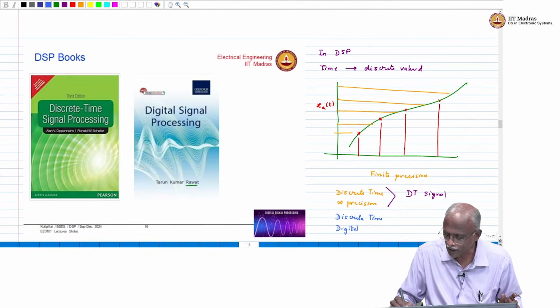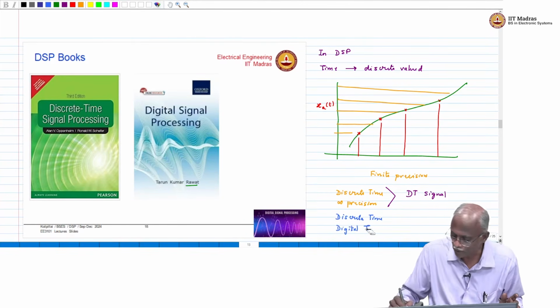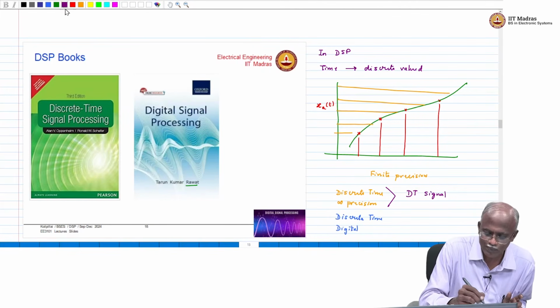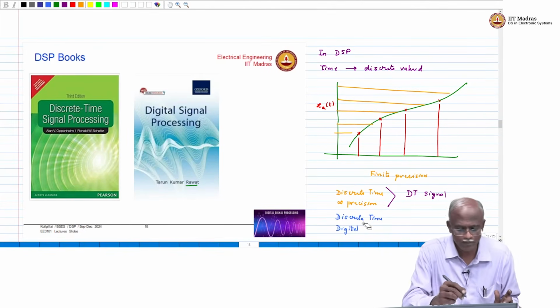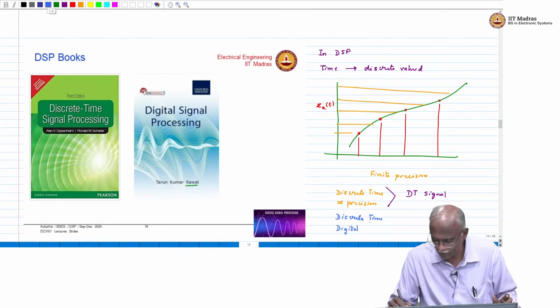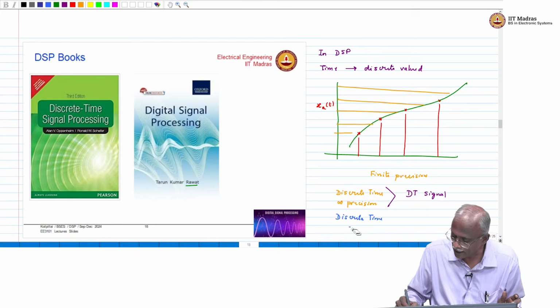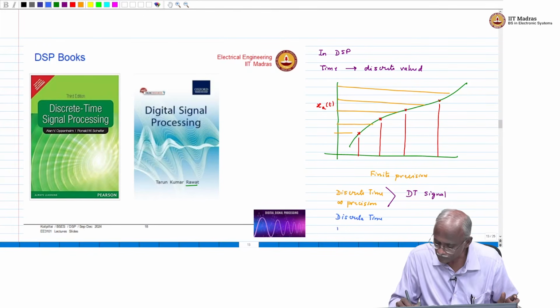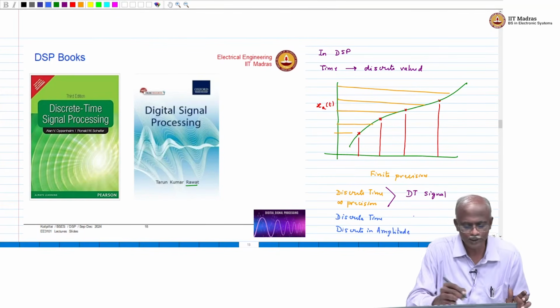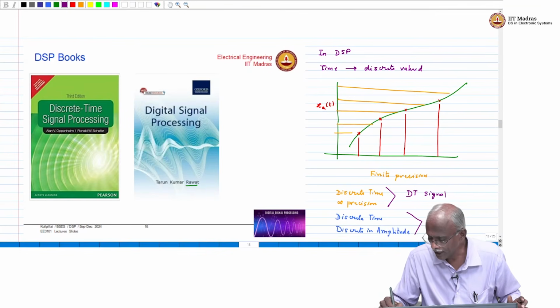We can always call the signals that we are working with digital signals, but the correct representation, since we are not talking about quantization, as most of the time we are going to be representing with full precision, is discrete in time. Discrete in amplitude means you have quantized the signal to 8 bits, 12 bits, 16 bits, whatever precision you have. This becomes a digital signal.